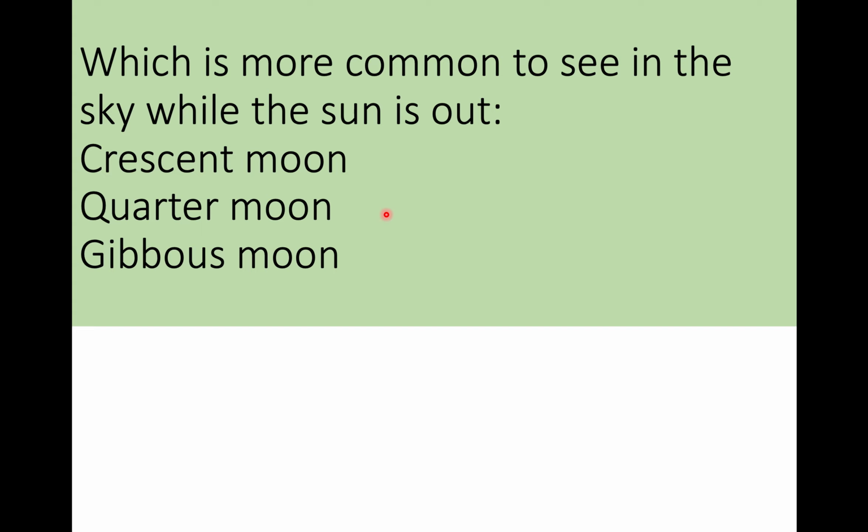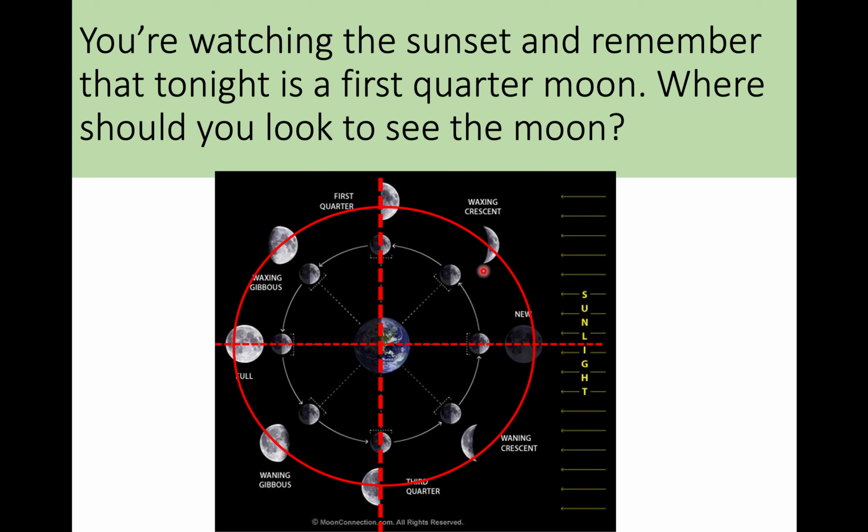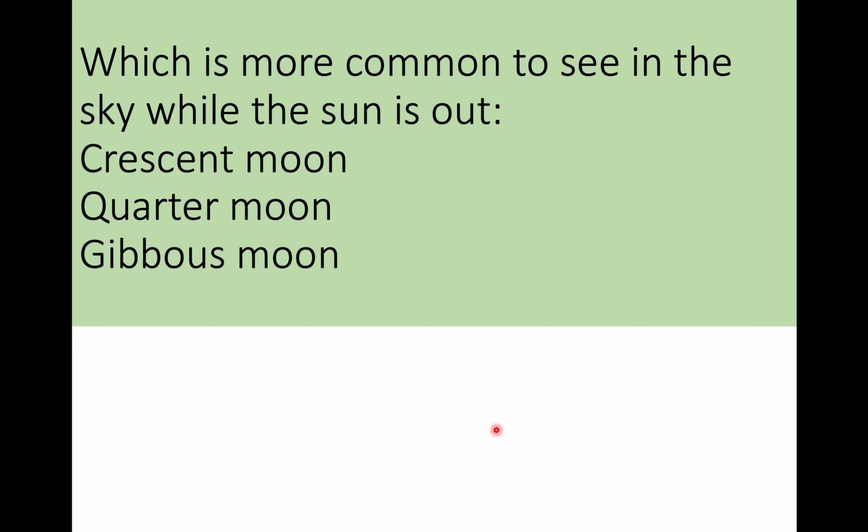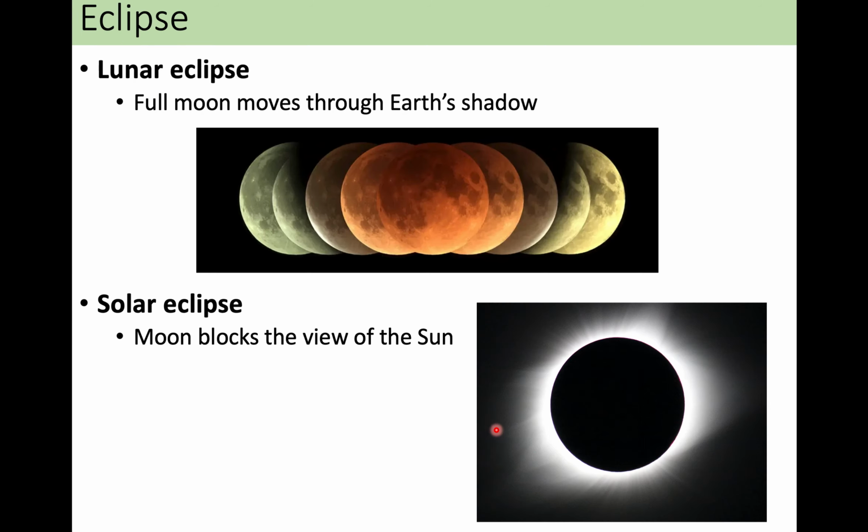That would be the crescent moons. So that's because the crescent moons on this cycle are closest to the sun. So they aren't very far offset from the sun. So when the sun is up, the crescent moons aren't far away. So when you see the moon in the daytime, it is most likely a crescent moon.